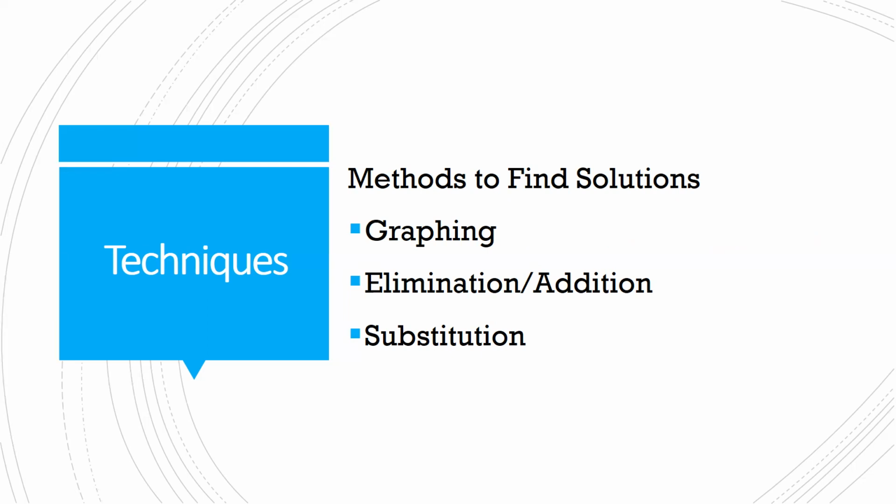The first is by graphing. Another technique that we'll use is the elimination or the addition method. And then a third technique that we'll use is substitution. So that's what we'll do to find solutions or a solution to a system of linear equations.